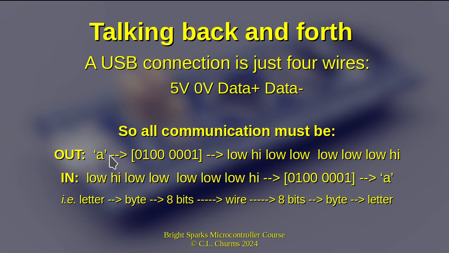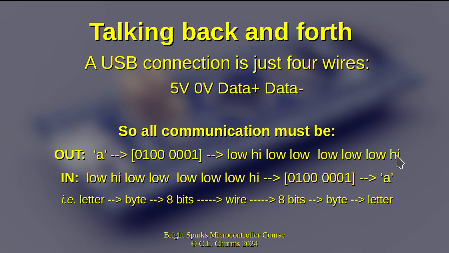Okay, so for instance, the letter A in binary is 01000001. Right, so if we want to send an A to our Nano, or we want to send an A from our Nano, then we must send along the wire a low, in other words, 0 volts, and then it must go high for a period of time, low, low, low, low, low, high.